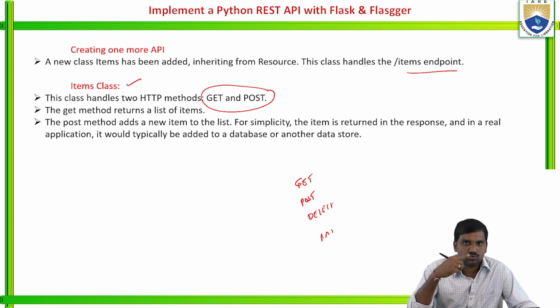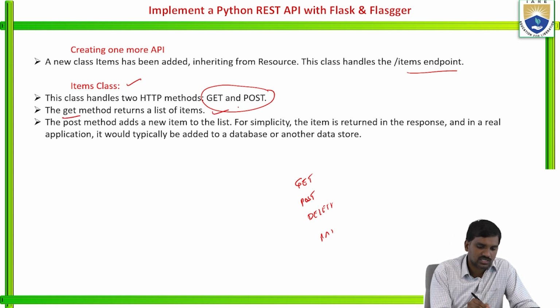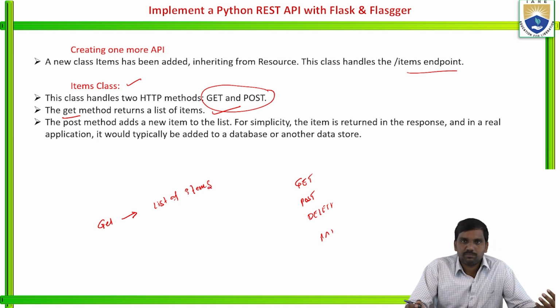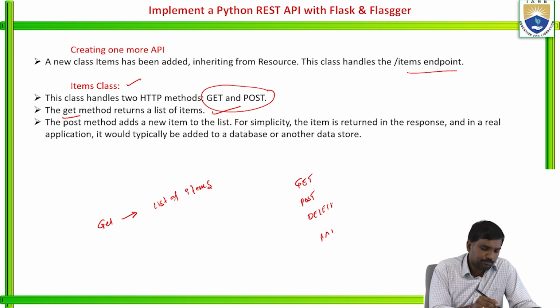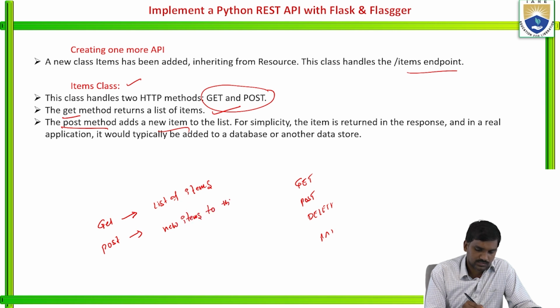But here, in order to create one more API, we are using only the get and post methods. The get method returns a list of items, whatever items are available in the source, that can be fetched by using the get command. And the post method adds new items to the list.